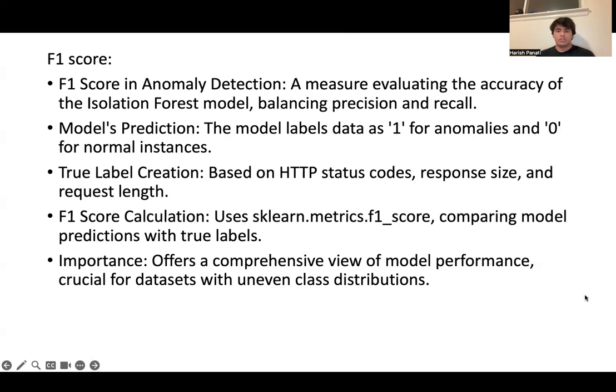This is used to compare the model prediction with true labels. The importance: it offers a comprehensive view of model performance, crucial for datasets with uneven class distributions. So it helps you say, if you have an accuracy of over 90% or so, you can be fairly sure that this is an anomaly. So that is how an F1 score works.